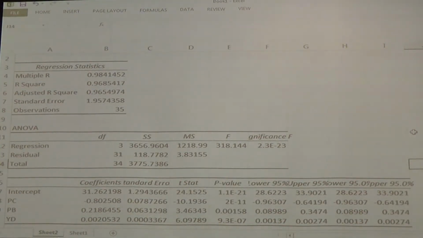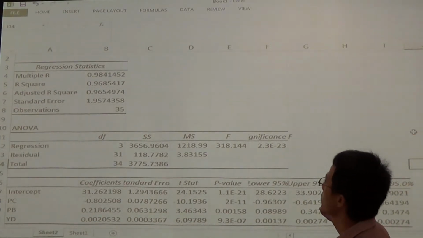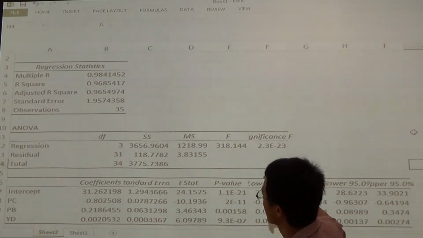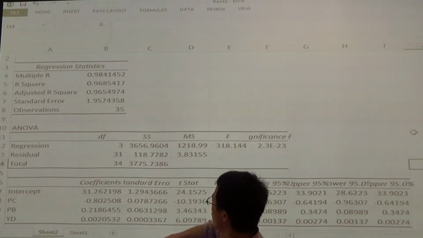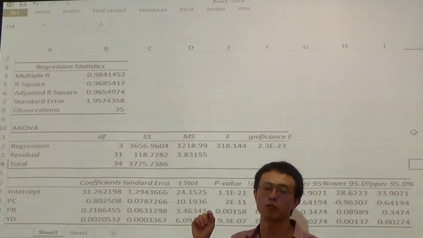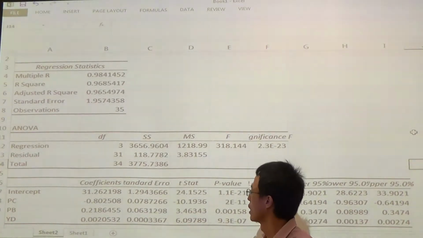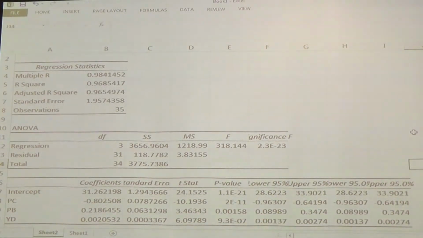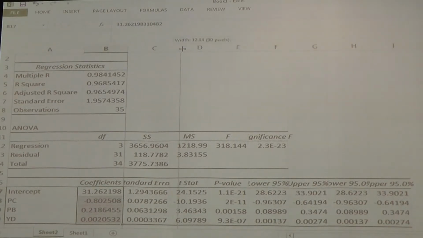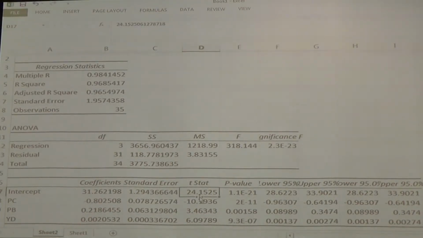Secondly, you want to check the coefficients you estimate, whether they are statistically significant. That means whether they are different from 0 statistically. Okay, how to do that? Let's have a look. So now we have this table. It reports both the coefficients and the standard error here, and also t-stat.